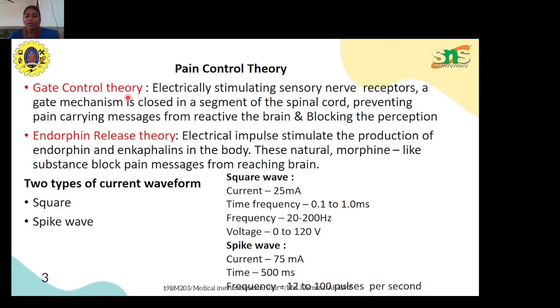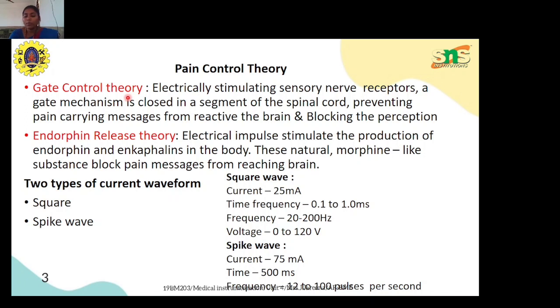Next is the endorphin release theory. Endorphin is a substance which is naturally produced in the body. In the endorphin release theory, we are stimulating the production of that particular substance, so that more of it is produced in the body. When we have more production of this substance, we will have the feeling of a happy hormone.